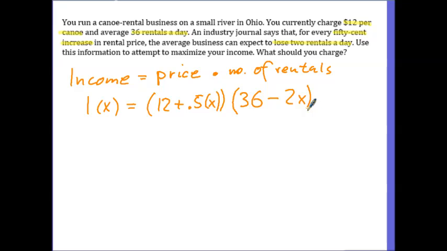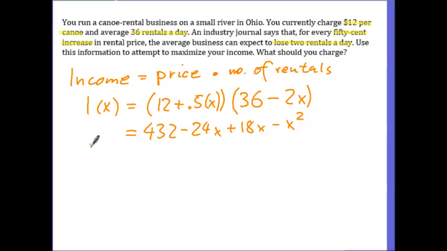So let's first go ahead and FOIL these two binomials, these two parentheses, and we get 432 minus 24x plus 18x minus x squared.